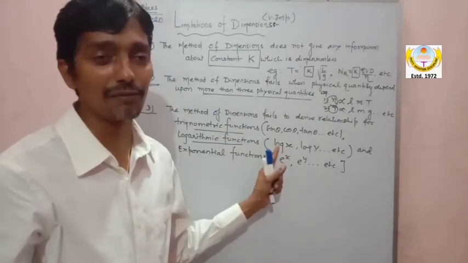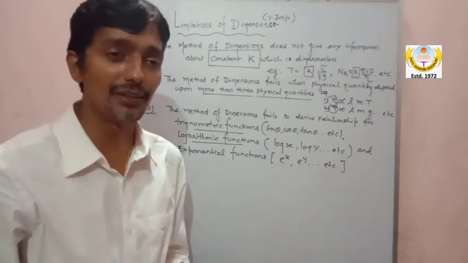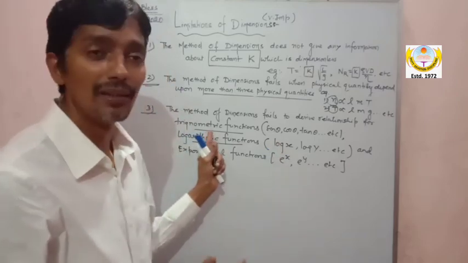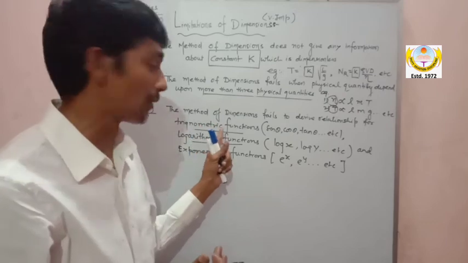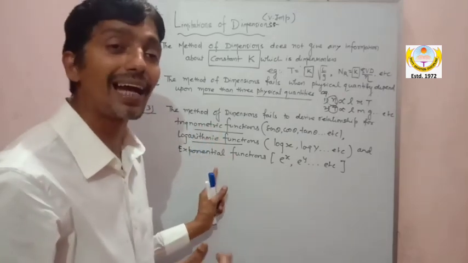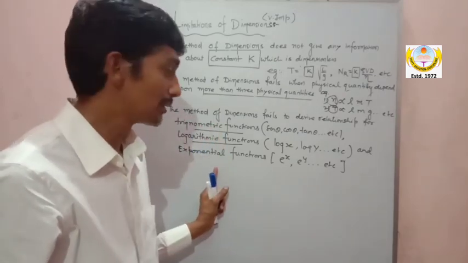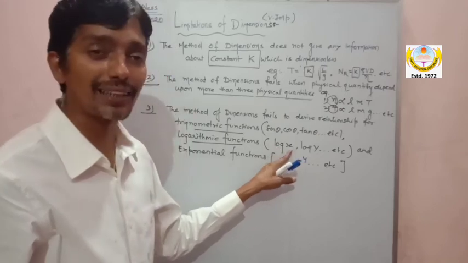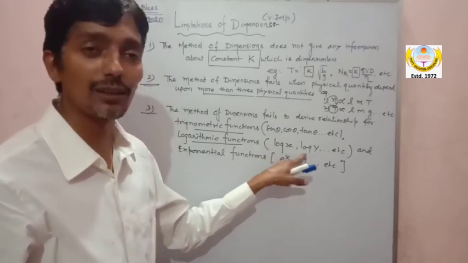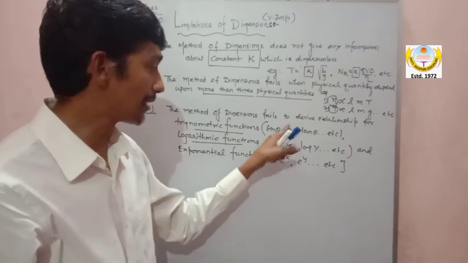There are 3 kinds of functions in algebra: trigonometric, logarithmic and exponential. Logarithmic we write this way: log x, log y, etc. So there are no dimensions.